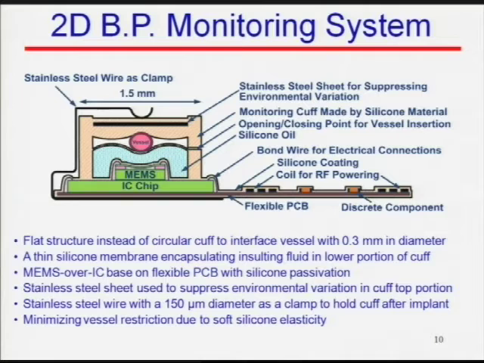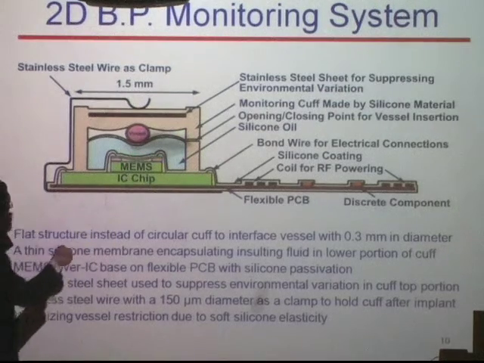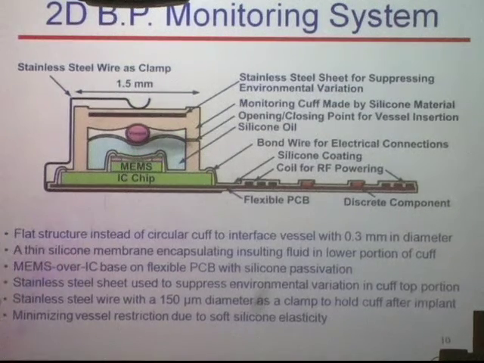And the electrical connections are formed by wire bonding from the MEMS to the IC, and the IC to the substrate. So you have this device directly drop on top of the IC, and later on in my talk, I have a better process flow to show exactly how that's done.